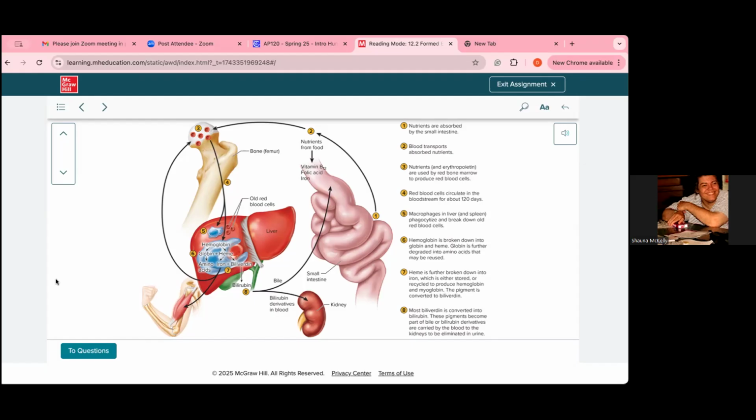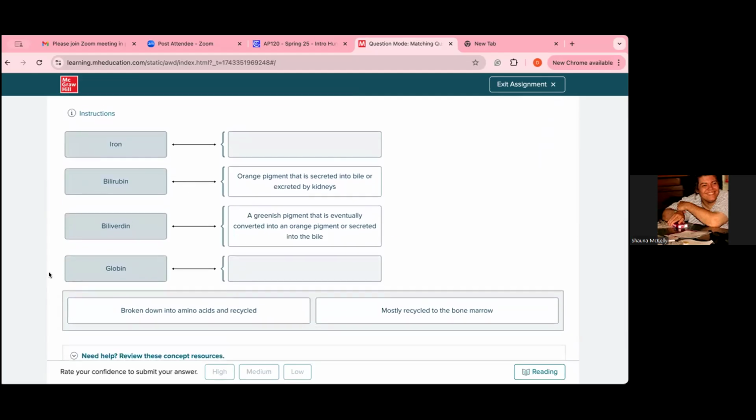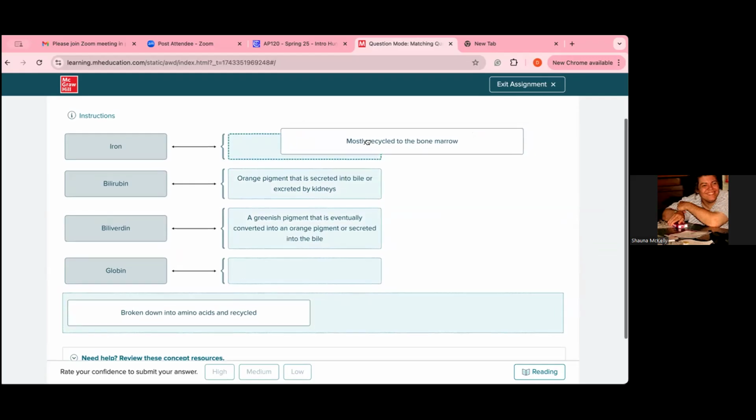Let's see the question again. So globin is broken down into amino acids and recycled, and iron is mostly recycled to the bone marrow. So iron goes with the one on the right, mostly recycled to bone marrow. Yeah, that's fine.